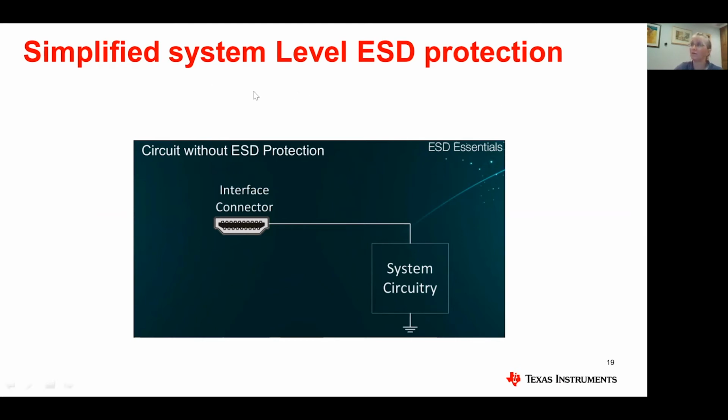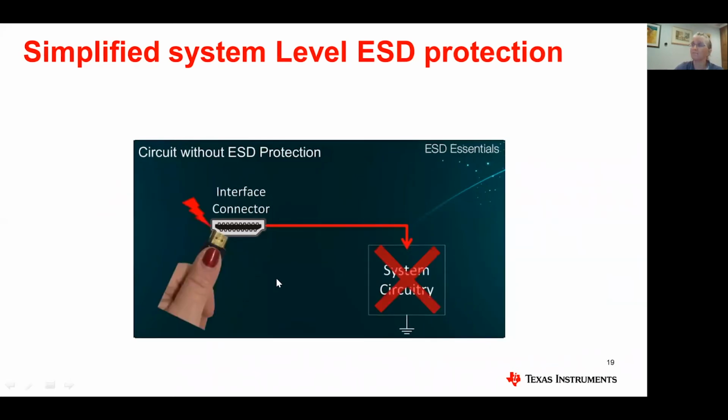Similarly, for system level ESD protection, imagine a circuit system with a connector that connects into the system, and I come and touch the connector, or plug in the connector, and in the act of doing that, I discharge some ESD event into the system. This could be quite catastrophic.